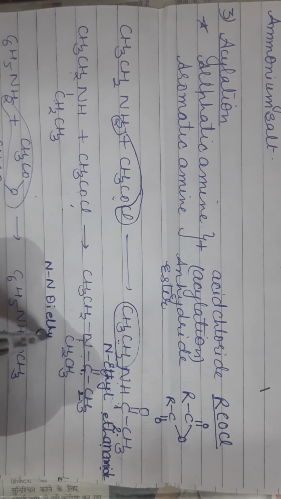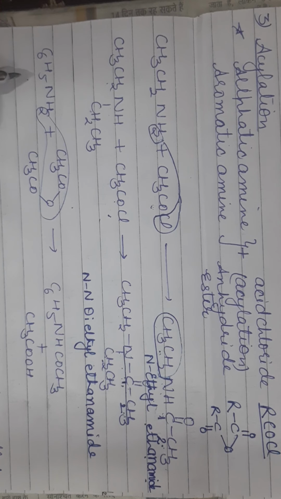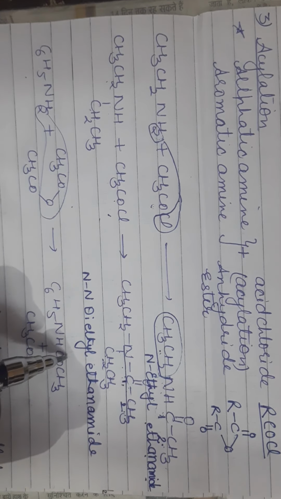Again you can do this reaction with aniline also, and you get this. This is called ethanamide. Here this group becomes a substituent, so it is called N-phenyl ethanamide, because benzene becomes a substituent and this is your functional group.